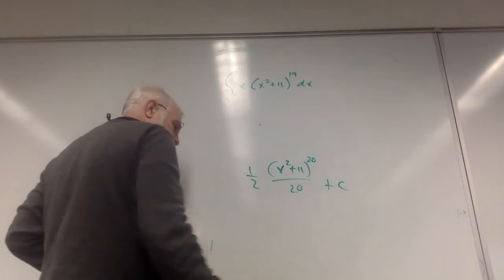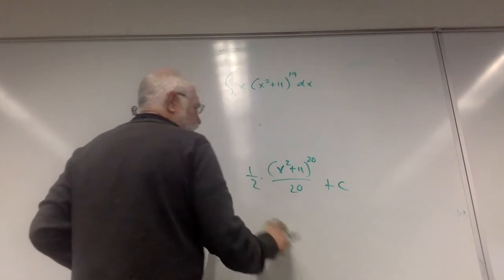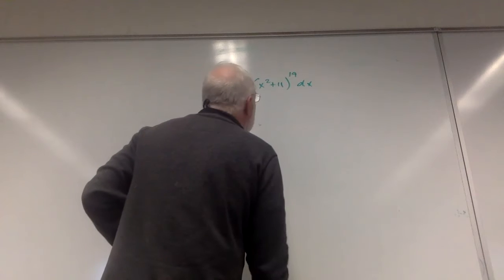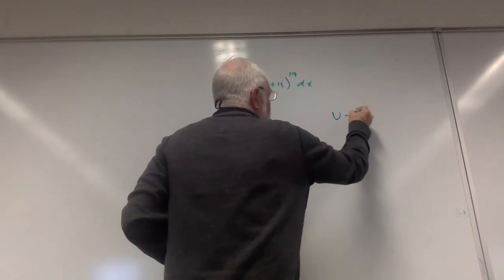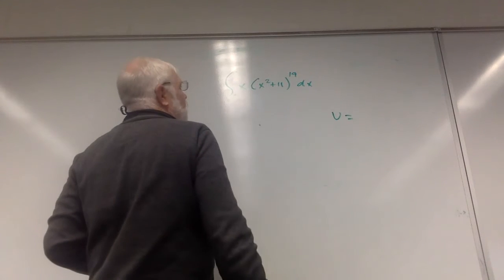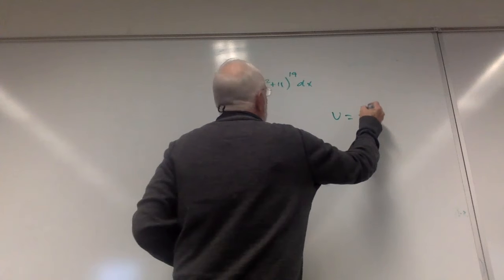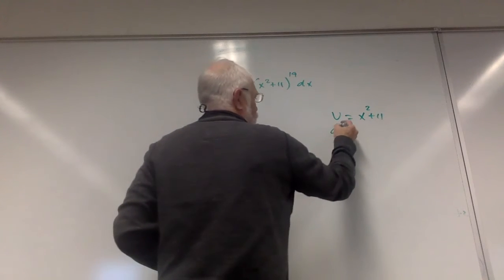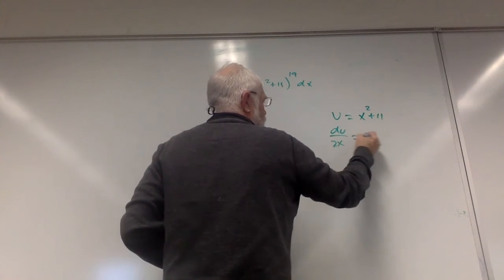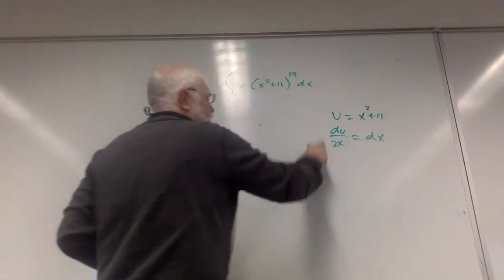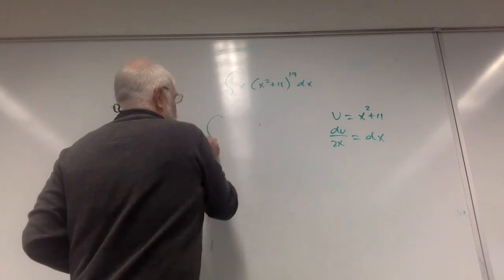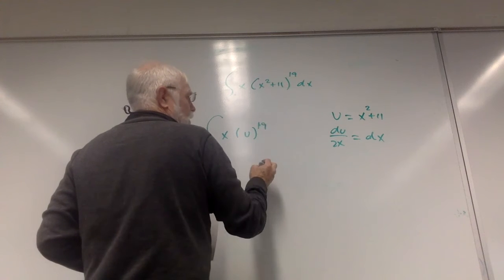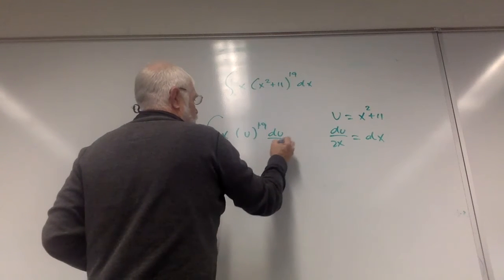And let's see if we can get that same answer using u substitution now, because you haven't got as much experience as I have. So let's find out if I get too old to do this anymore. So let's let u equal x squared plus 11. So therefore du is 2x dx. There we go. There's our 2 substitution statements. So here I have x, here I have u to the 19, here I have du over 2x.